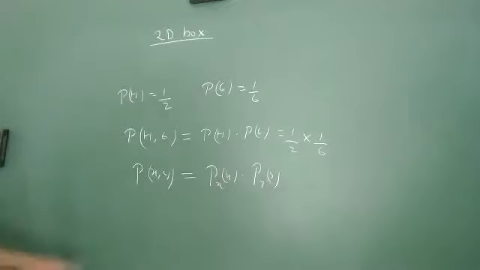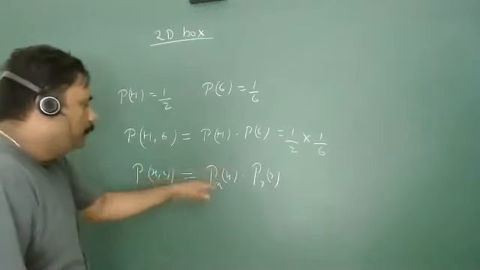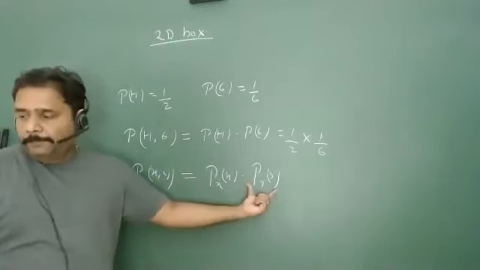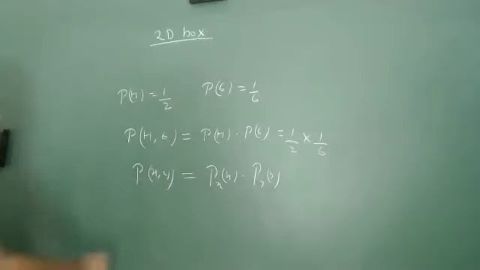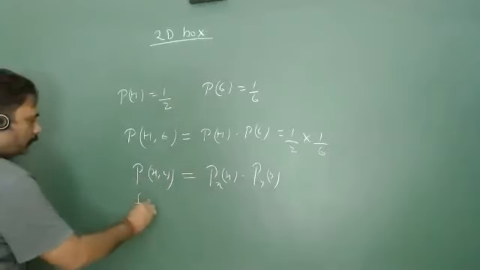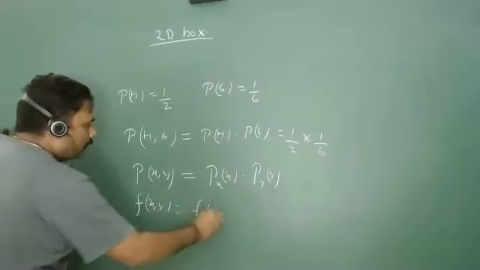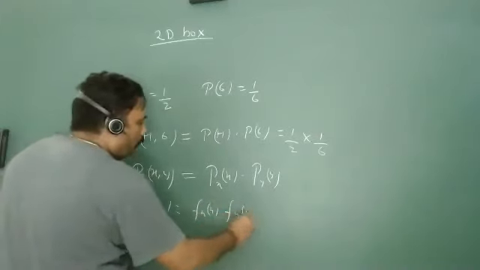And please, this is also a probability distribution, and this is also a probability distribution. Suppose if you want to write in terms of function as a probability distribution, that is f(x,y) is equal to fx(x) fy(y).